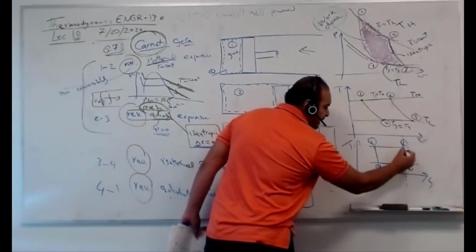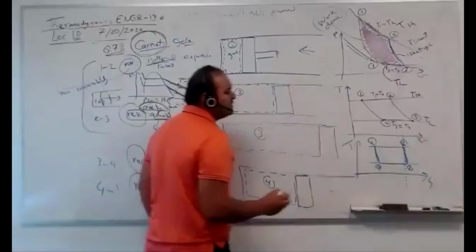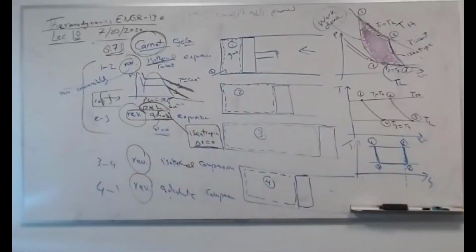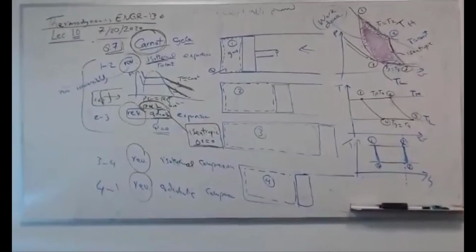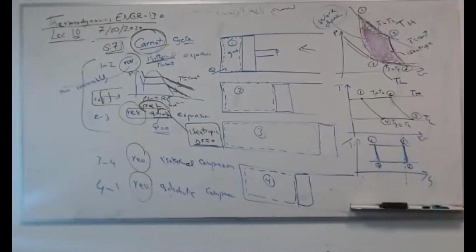So this one and this one are isentropic. Guys, which one is easier, the PV or TV or TS? Which one is easier for you to remember? Probably TV.